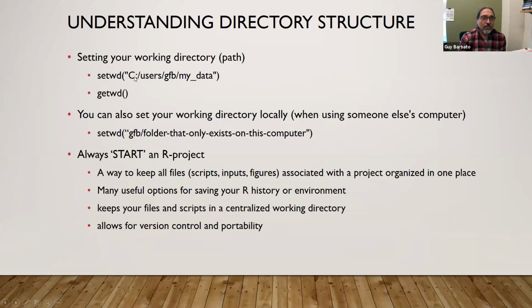In this case, because we're working on a Windows machine, we are using the Windows nomenclature for setting the path just as you would in your file manager. So in this one, it'll be on my C hard drive, /users/ my username is GFB / and then I'm going to say a folder called my data. You can make this whatever you want. I just have it here for an example.